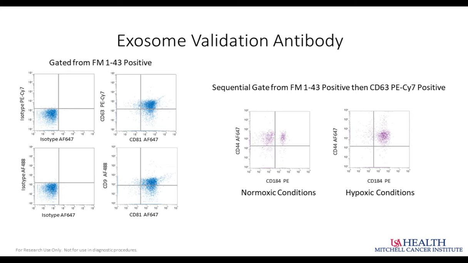They're fairly uniform for 44. All of them have 44 on them. But in normoxic conditions, we only see about 40% 184 positive. And in the hypoxic conditions, and this is related to cancer stemness, the stemness of these markers increase in hypoxic conditions. And so now all of the exosomes are dual positive for 44 and 184.